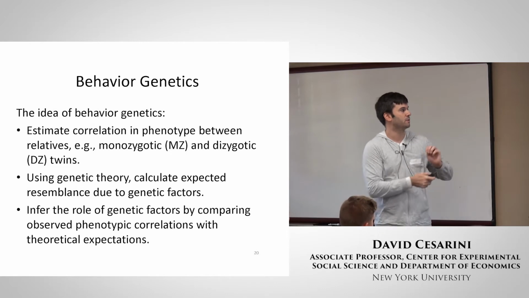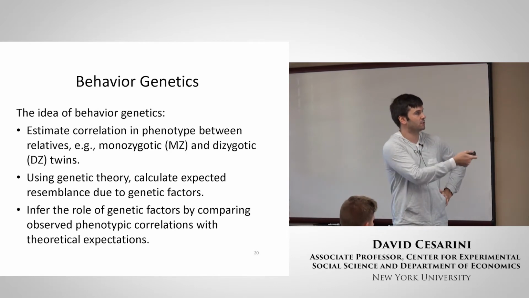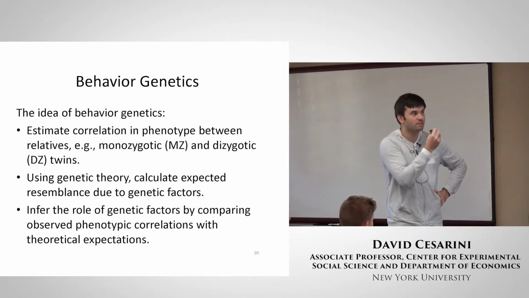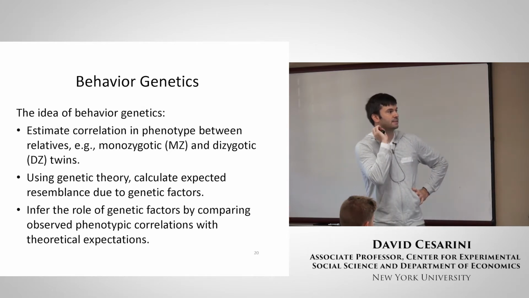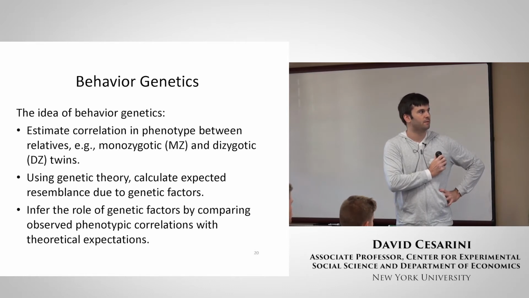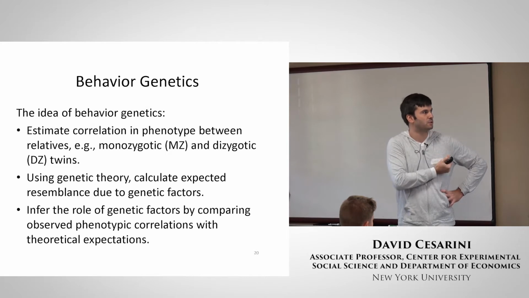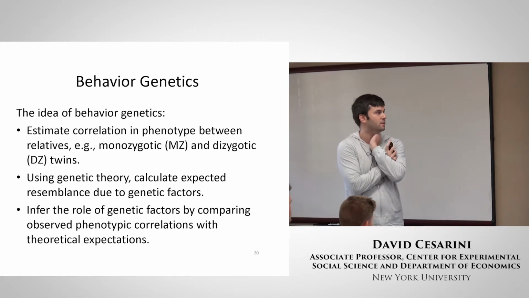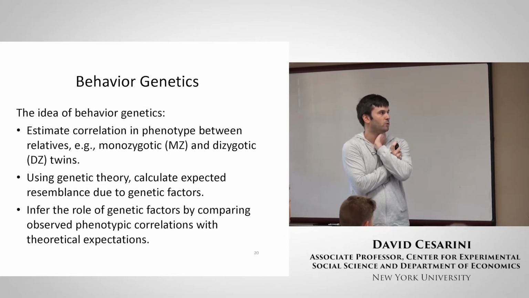So it really boils down to calculating sample moments of these phenotypic correlations and finding the set of parameters that match these sample moments well. This way of introducing the approach might be a little bit different than what some of you are used to, but I think it's the core theoretical idea.